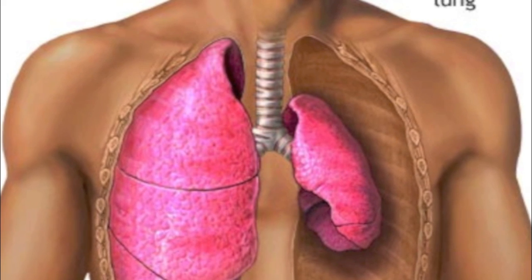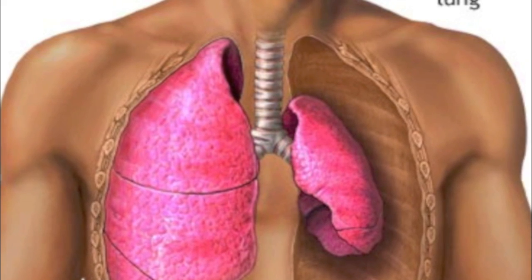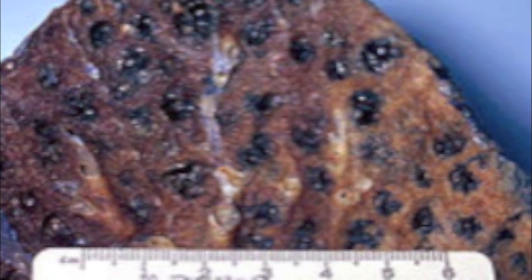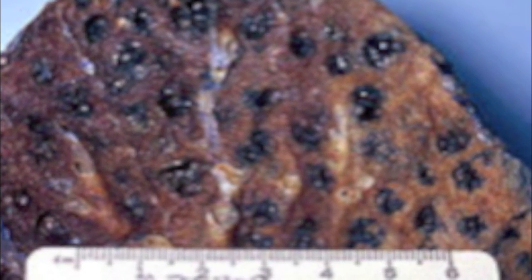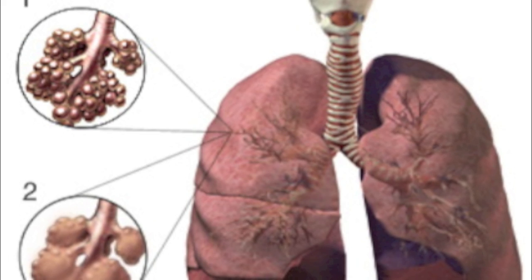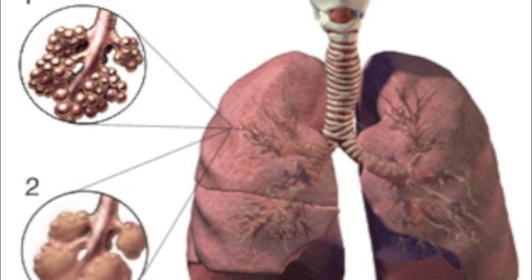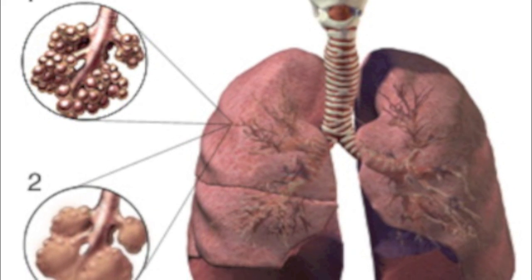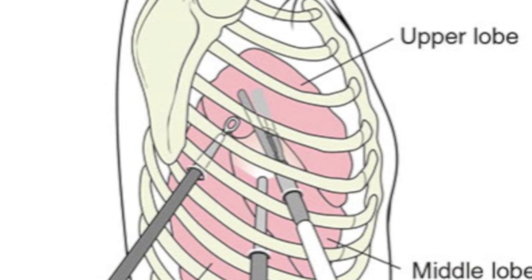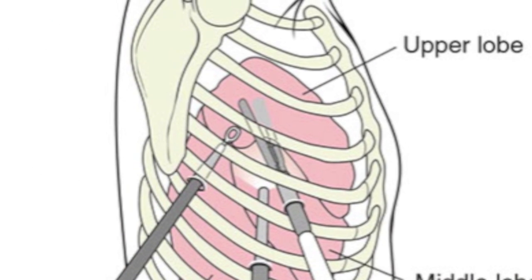Emphysema cannot be cured, but some treatments can be used to reduce symptoms and slow the growth of the disease. These treatments include bronchodilators, antibiotics in some cases, pulmonary rehabilitation, and in extreme cases, surgery for lung transplants.